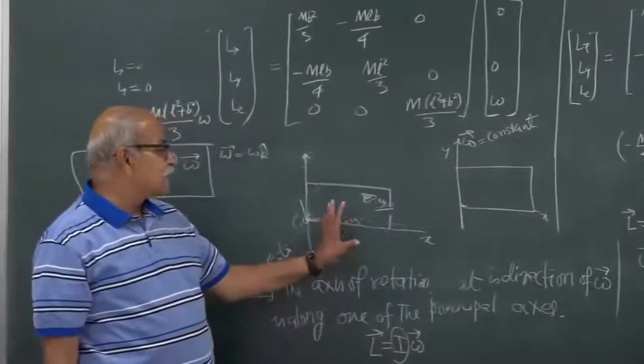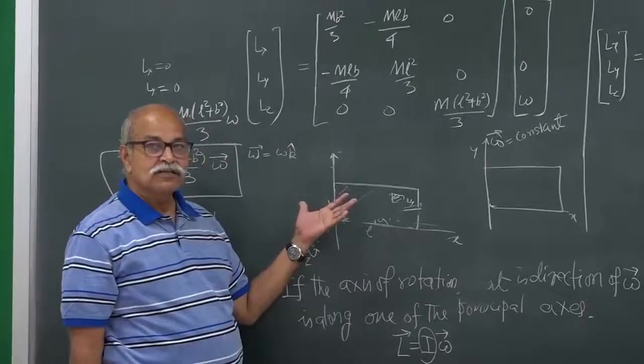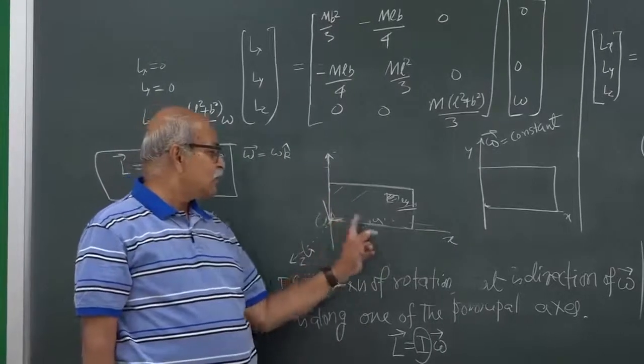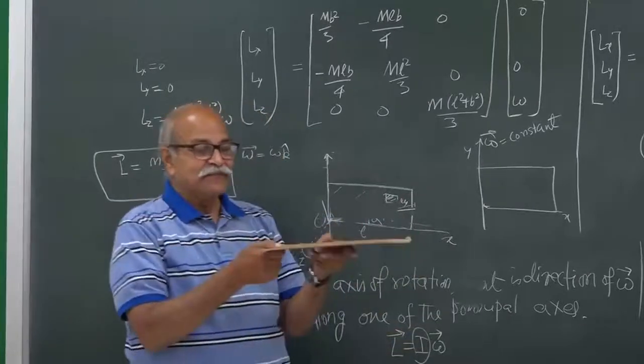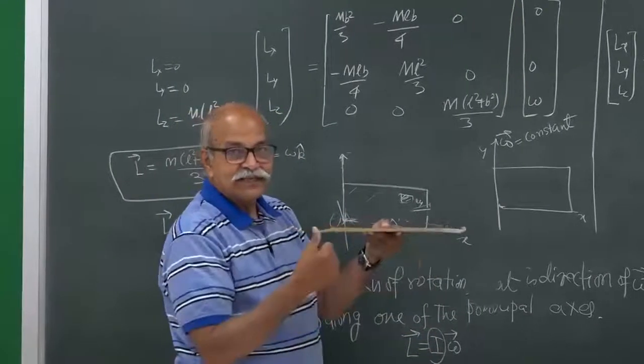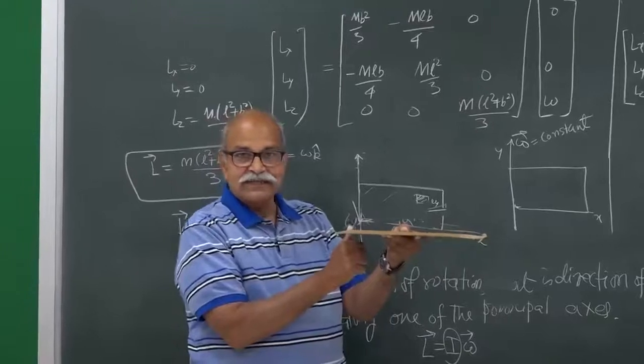As the plate rotates, the x axis was along the length, alright. So, if this is the plate, this is the x axis along the length and y axis is here.